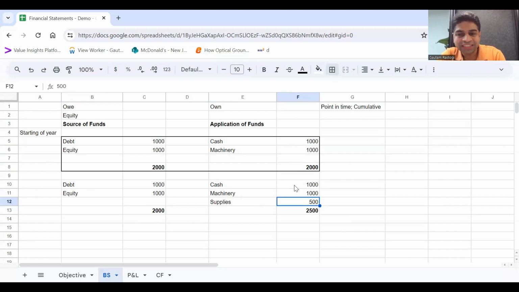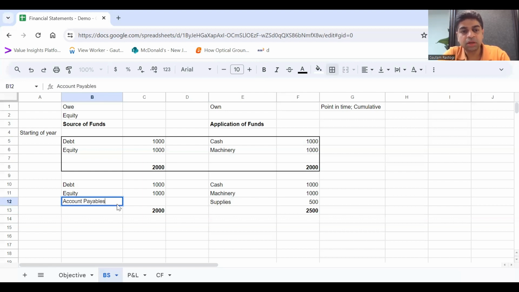Now, instead of using your own cash, you go to a supplier and strike a contract with that supplier that you would not pay the supplier right away. You're going to pay them later. So that's a liability that you need to record in your books. That's a short-term liability. So that is accounts payable.